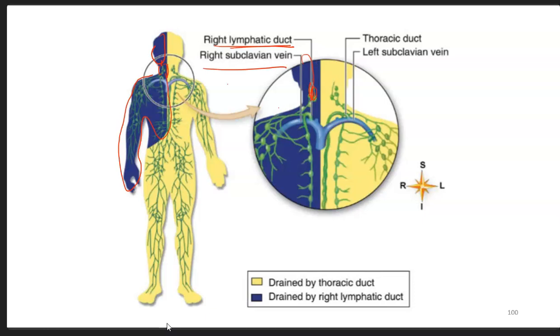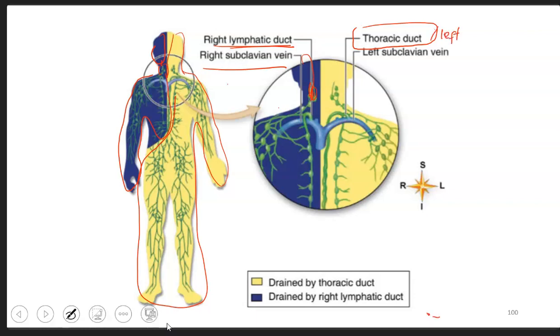Okay, so the rest from the left side of the body, all this region here, the lymph will enter into the left lymphatic duct. Saya slashkan lah, left or thoracic duct, so it enters into the left subclavian vein.